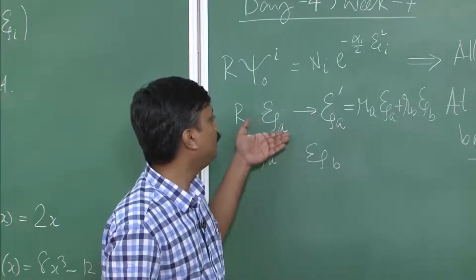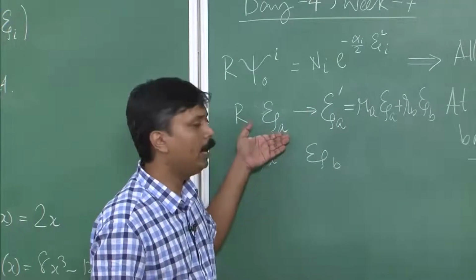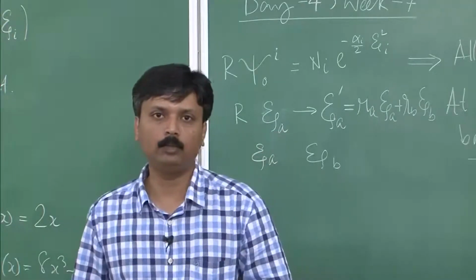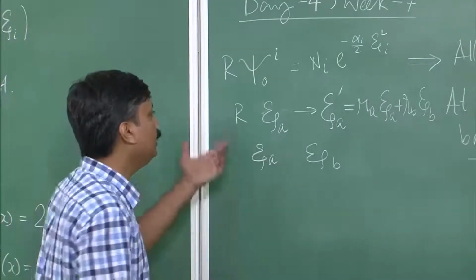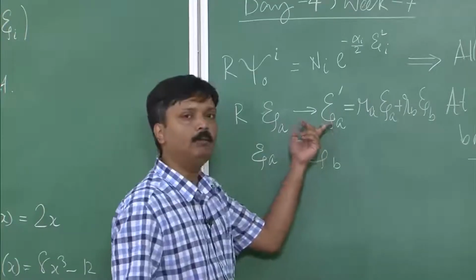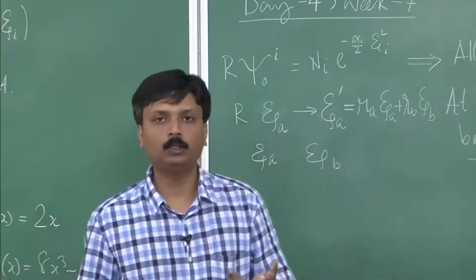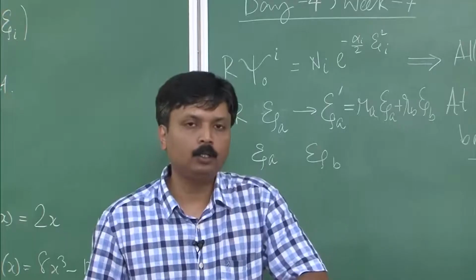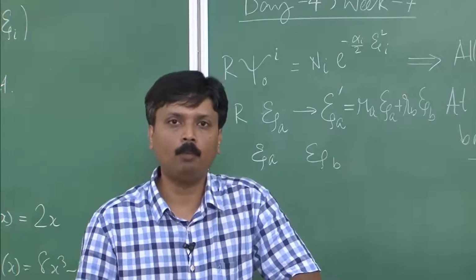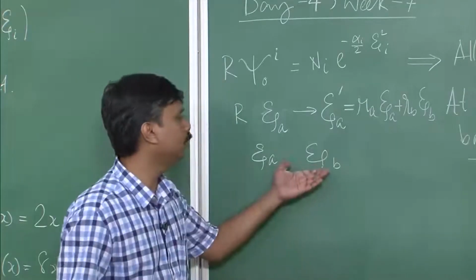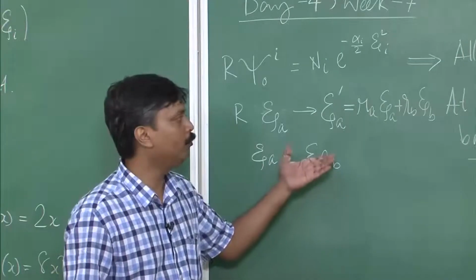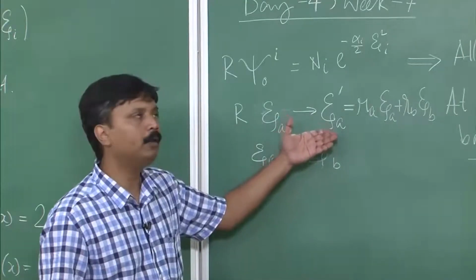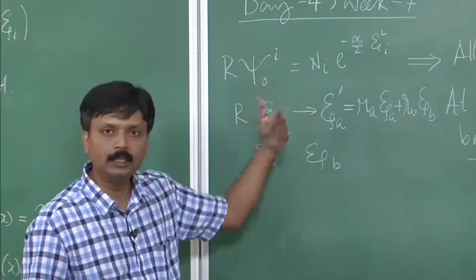So if psi A square is equal to 1 in a normalized condition, that will imply that psi A prime is also equal to 1. So both of them are normalized. Therefore I have no problem because I can express psi B also in the same way. So the matter again becomes like the same case as we discussed earlier.